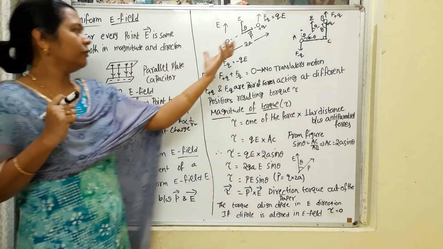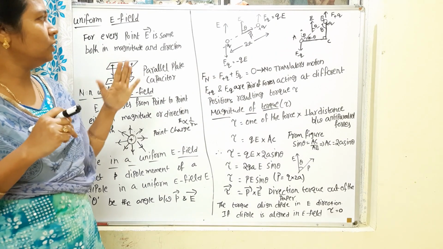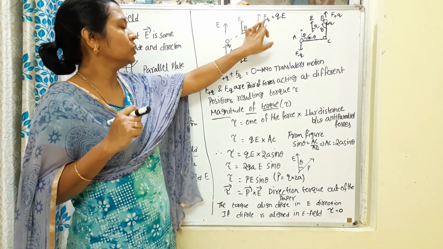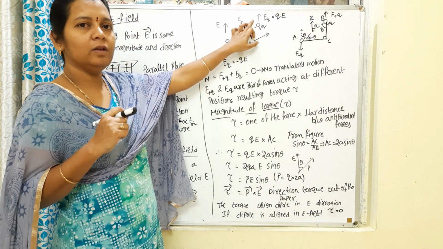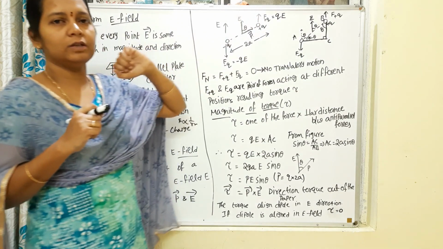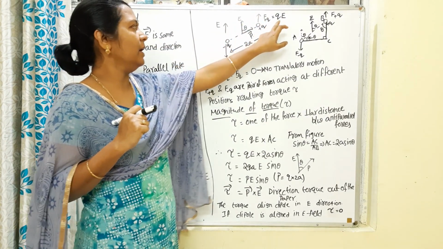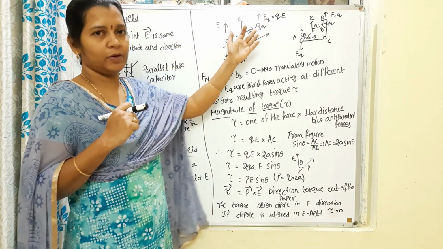Right. So if you keep this dipole, what happens? Let us say this is the minus Q charge and this is the plus Q charge. Because the charges are kept in an electric field, what is the force experienced by the plus Q charge? It is given by QE from the definition, since E is force per unit charge.